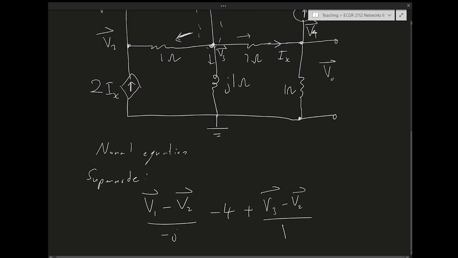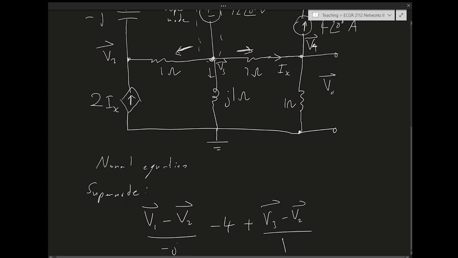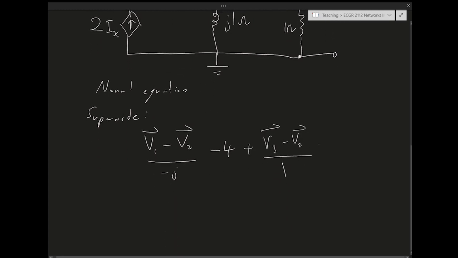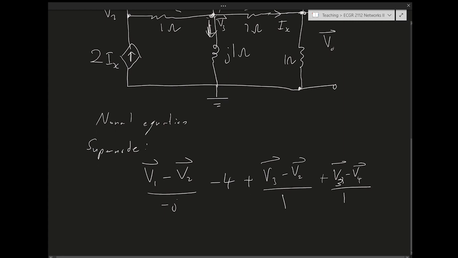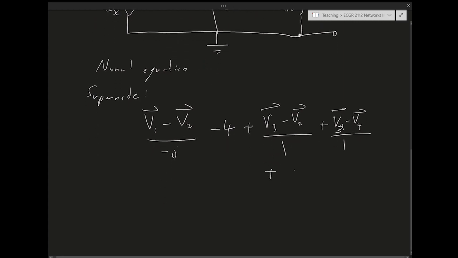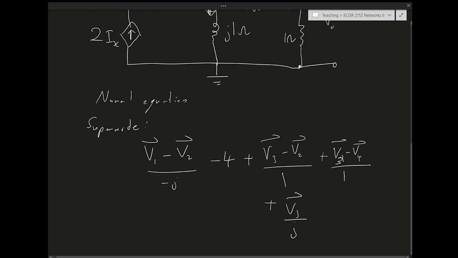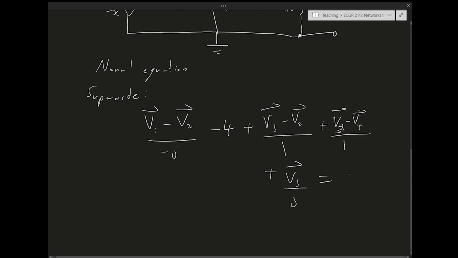And then this current, which is V3 minus, I call this V4, V3 minus V4 over 1. And then finally this current, which is plus V3 over J, equals 0.